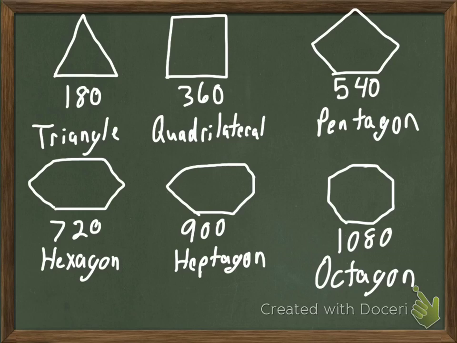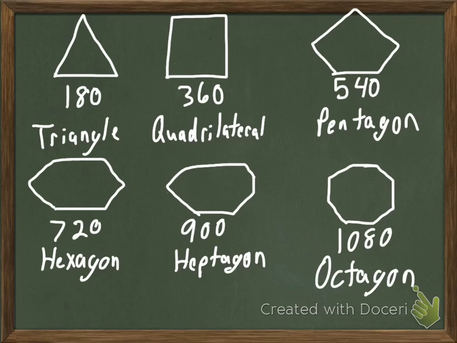Okay, on this slide I give you an introduction to a few of the polygons we'll be working with. There's a triangle, a quadrilateral, a pentagon, a hexagon, a heptagon, and an octagon. And their names come from their sides.